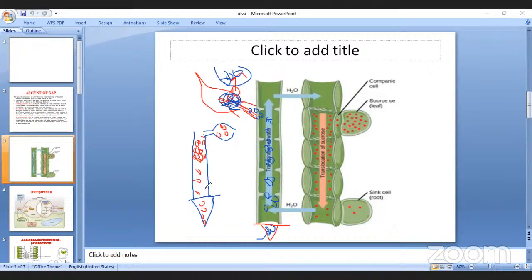Okay, column form. But later, for example, these three water molecules are lost through the stomata, through the process of transpiration, right? The next three water molecules are replaced here, and next three replaced here, next three replaced here.